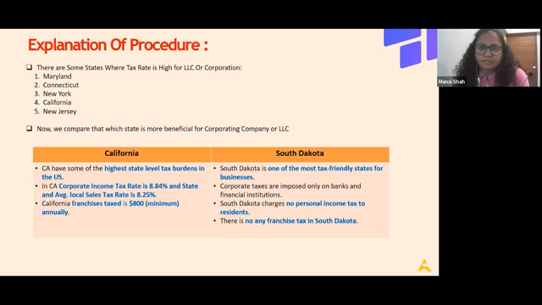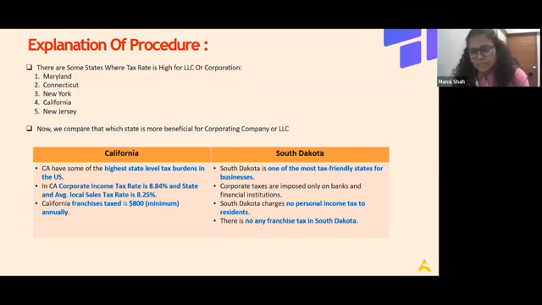So this is the comparison we have given. California, we all know, is one of the highest taxed states, which has a minimum franchise tax of $800, which is yearly recurring. Corporate tax in California is 8.84%, which is too high, because the C corporation is paying federal tax as well, and the state tax is over and above that 21% of the C corporation.